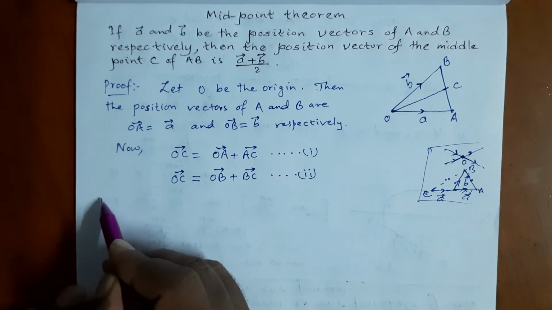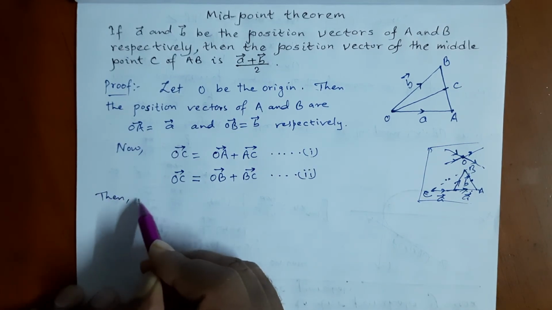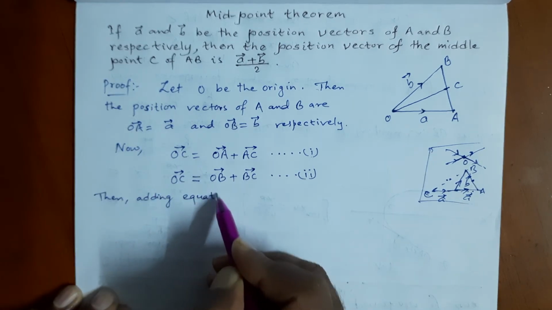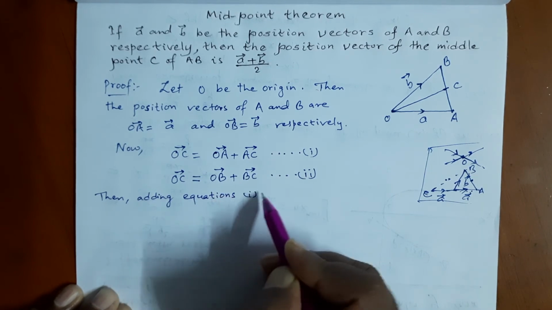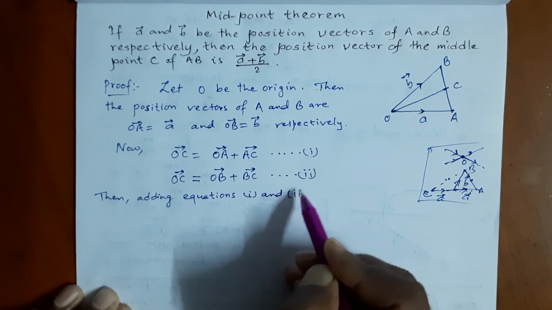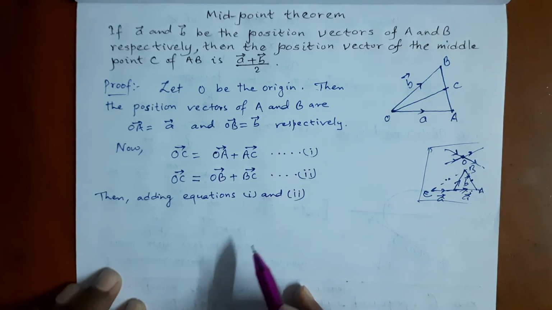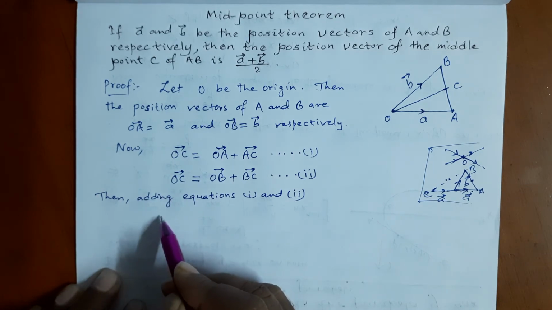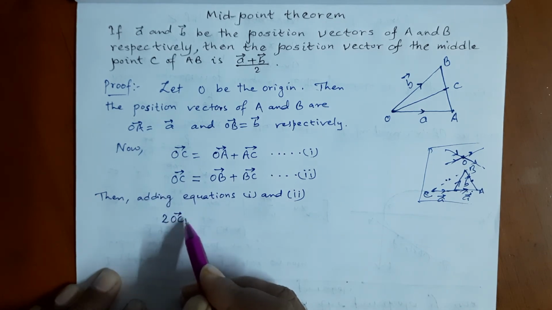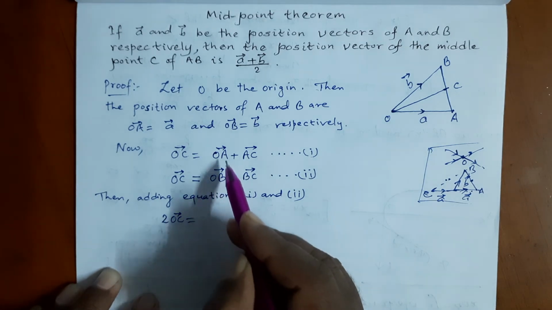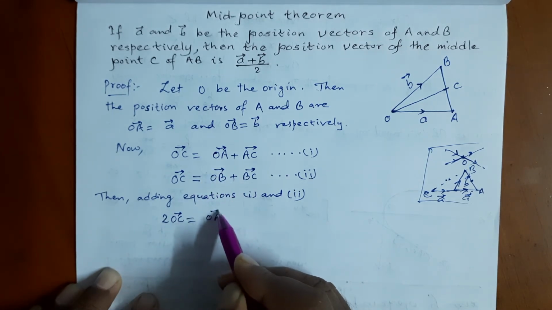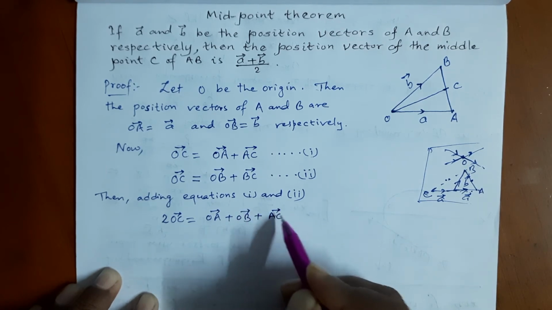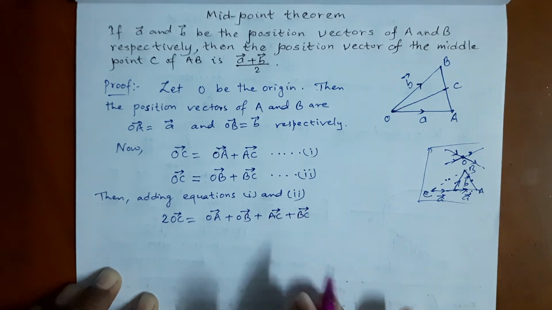Then adding equations 1 and 2, the OC and OC become 2 vector OC equals, and all this we can add together, OA plus OB vector plus AC vector plus BC vector.